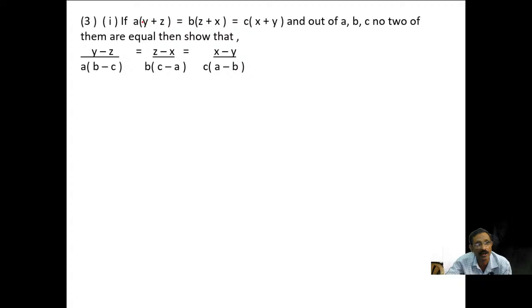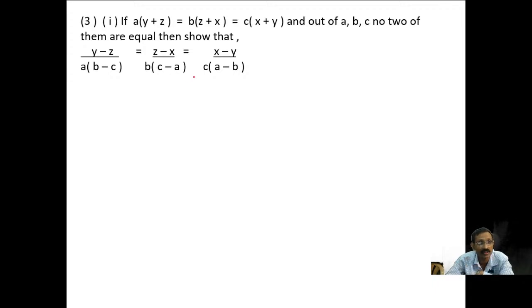If ay plus z is equal to bz plus x, which is equal to cx plus y, and out of a, b, c, no two of them are equal, then show that y minus z upon a(b minus c) is equal to z minus x upon b(c minus a), which is equal to x minus y upon c(a minus b).